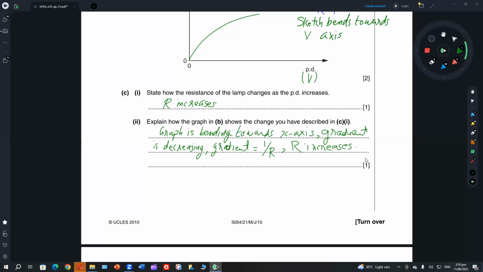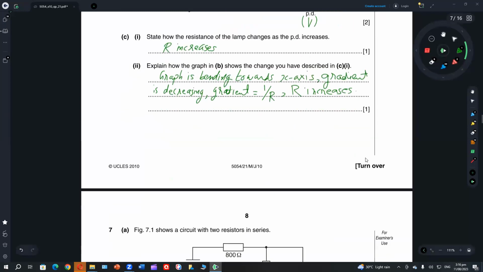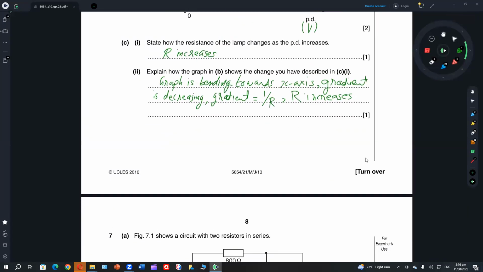Gradient is 1 upon R. Can you tell me what is the formula for gradient for a graph? Y2 minus Y1 over X2 minus X1. Gradient, this one, simple basic form, logic one. Gradient in physics is simply y upon x.